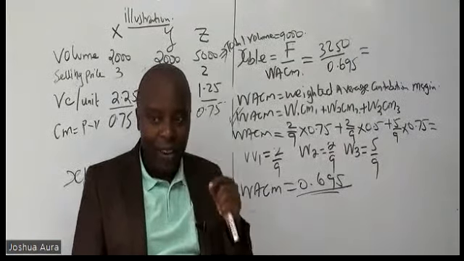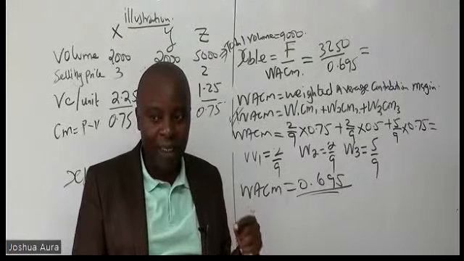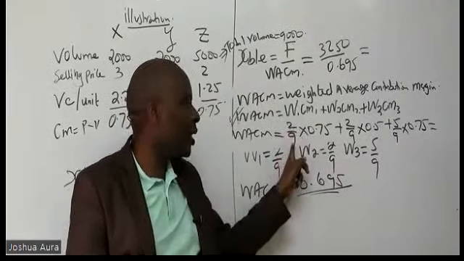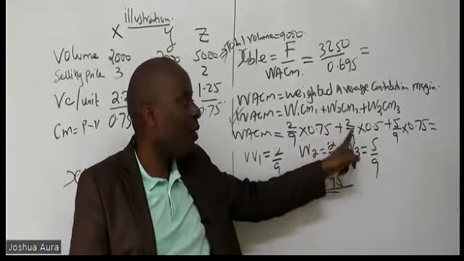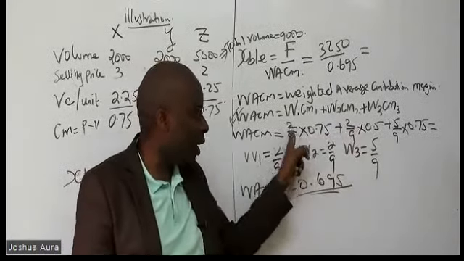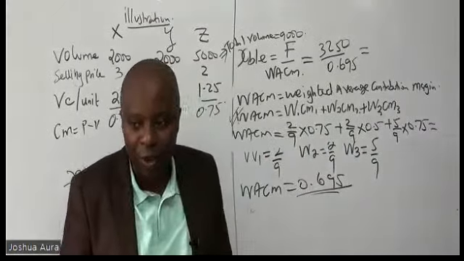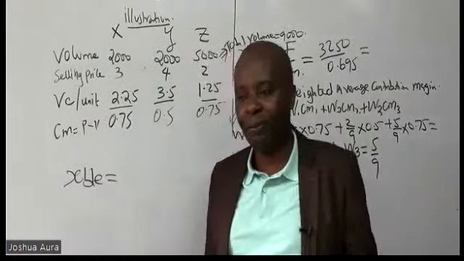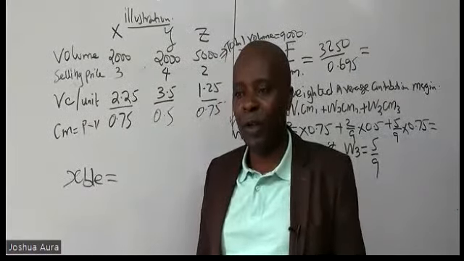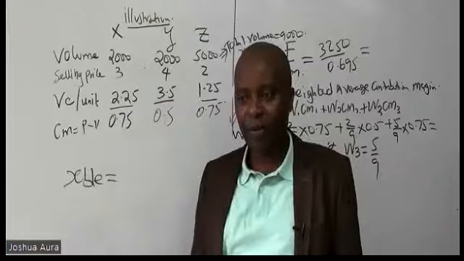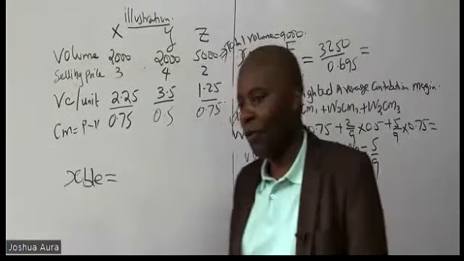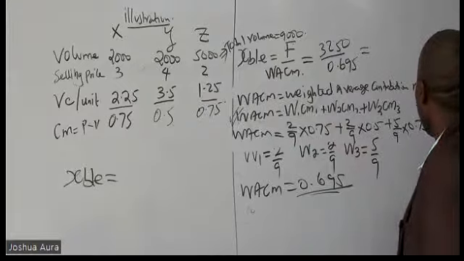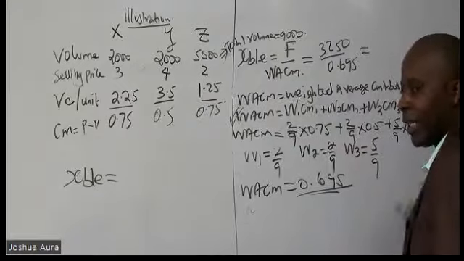Okay, let me go back a little bit to help us here. Is there somebody who used these fractions the way they are here? What figure are you getting for working if you used the fractions? The full figure in your calculator: 0.6944444, like that.